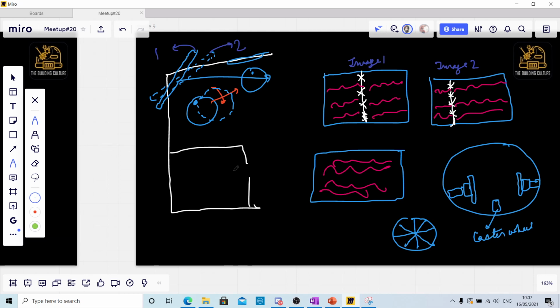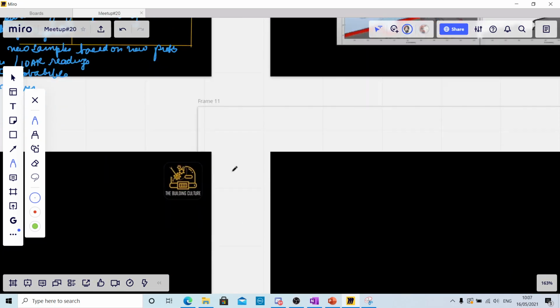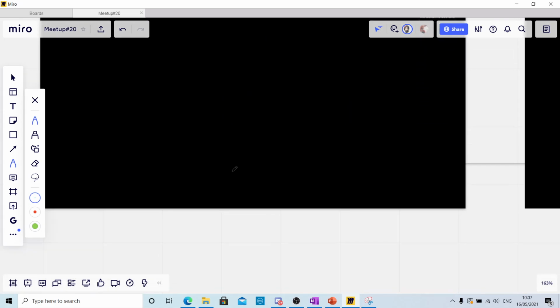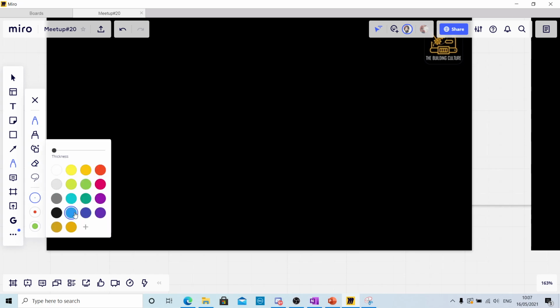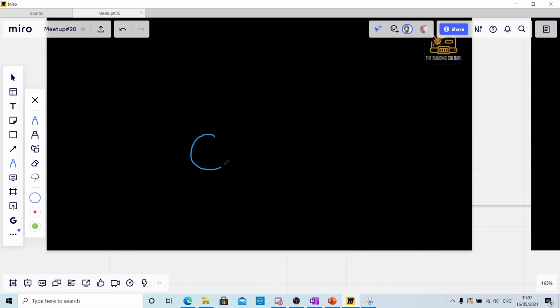Now I have to use another slide. Okay, this is the robot. This is the corner. This is the robot at another position. This is image 1 and this is image 2.